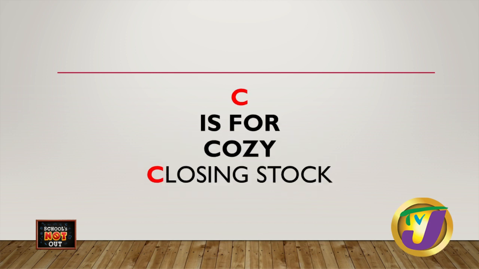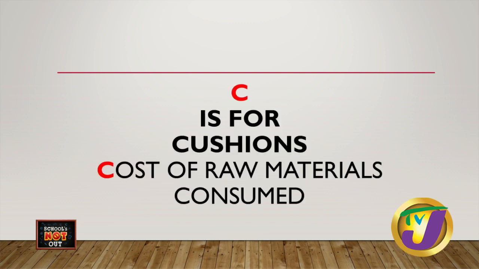Then we have C, which is for cozy, and that represents our closing stock. And our last C stands for cushions, and that represents our cost of raw materials consumed.